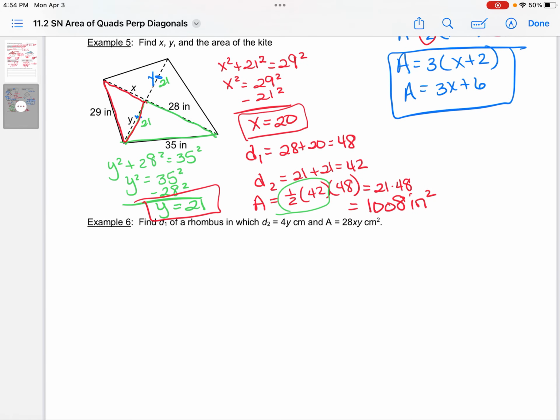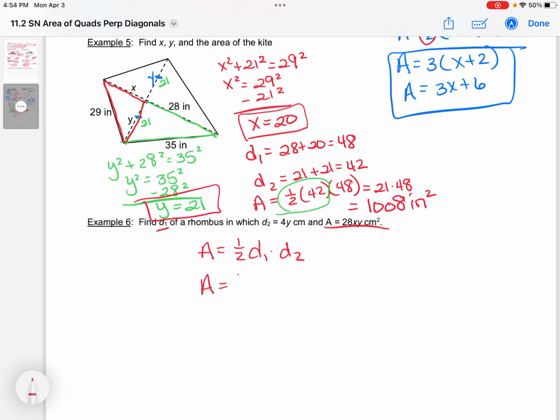Okay, and then last one. Again, we have the area, and we're trying to find one of the diagonals. So my formula, I'm going to have area equals 1/2 D1 times 4y.